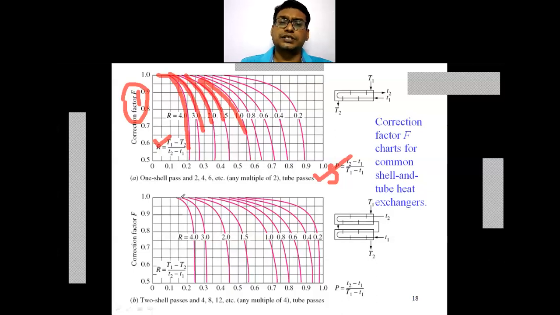All these graphs are similar to this: correction factor F against the P or S values for different values of R. So by calculating the values of R and S and referring to a particular graph, I can find the value of this correction factor.